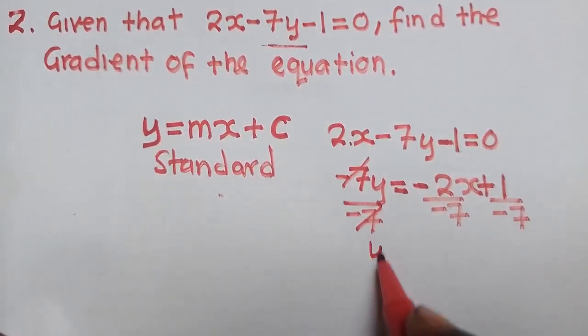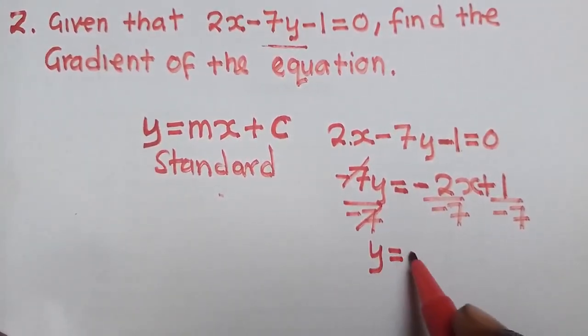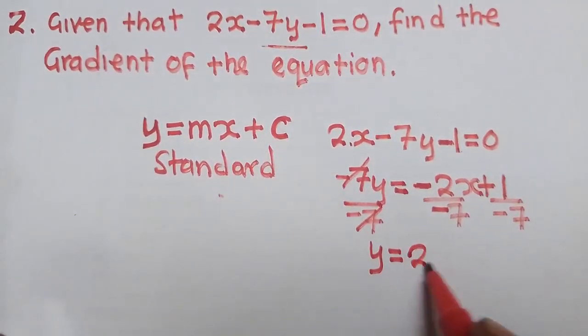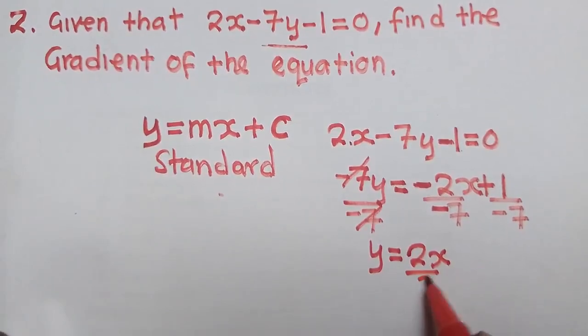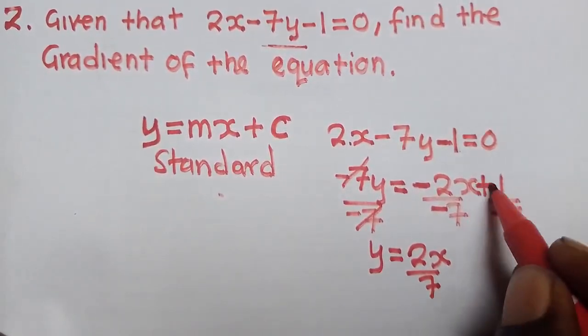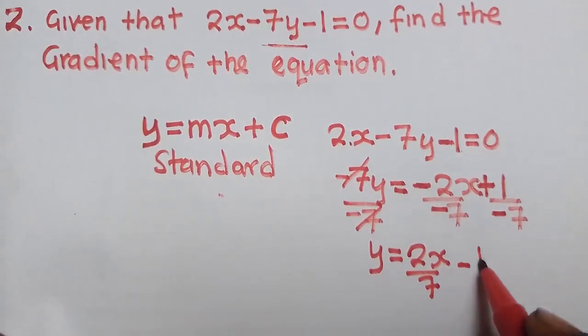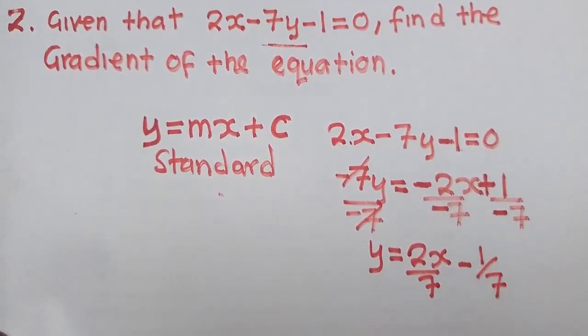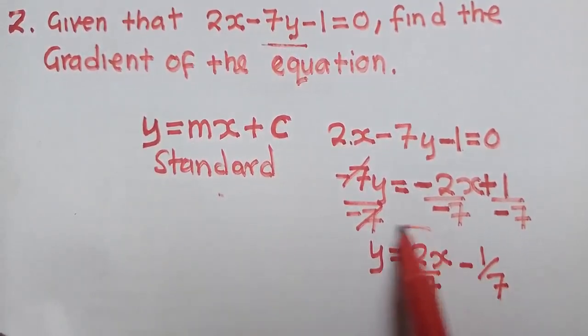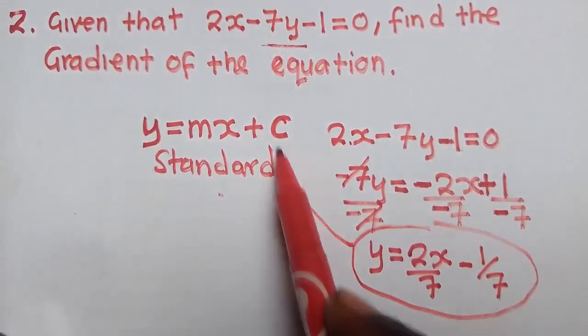You are going to remain with y is equal to, the negative will cancel out, 2x over 7. Then this negative into positive, it is negative 1 over 7. As you can see, we've expressed this equation in that standard.